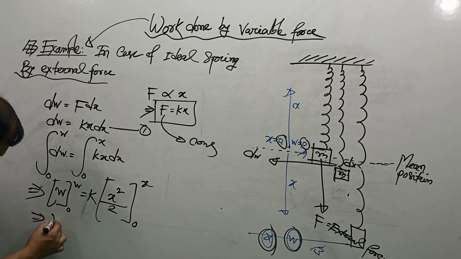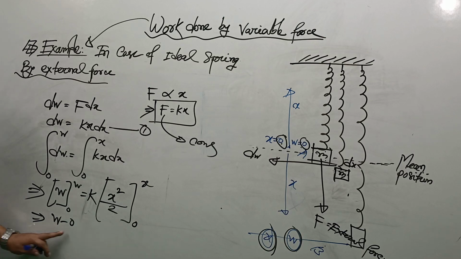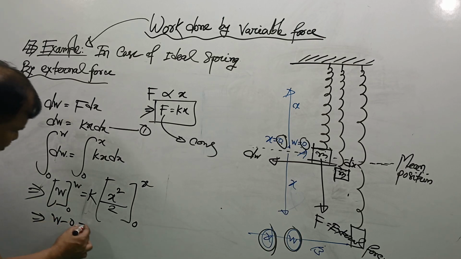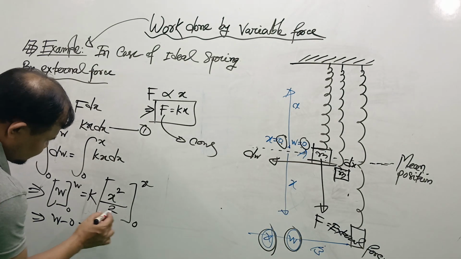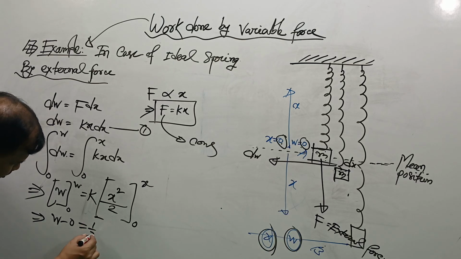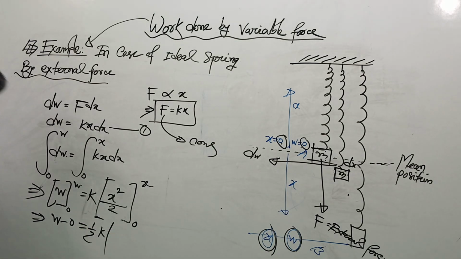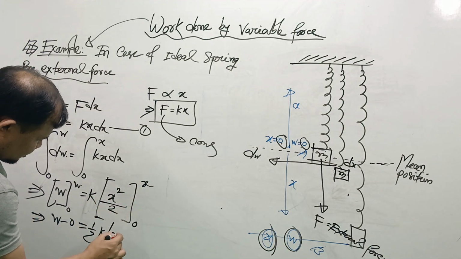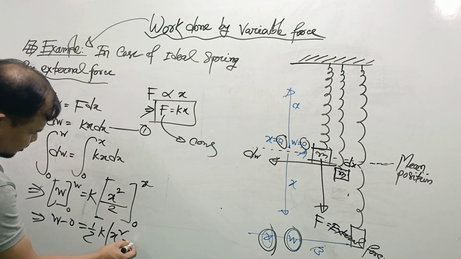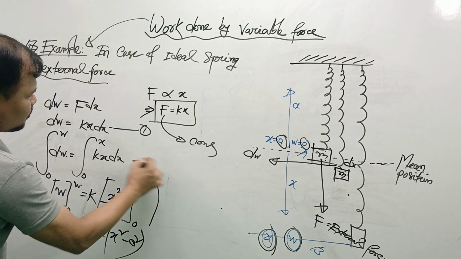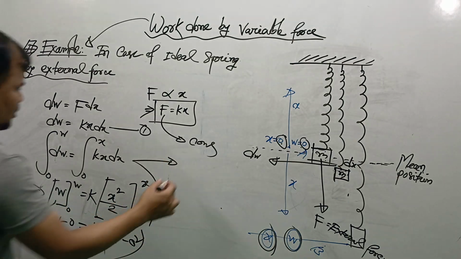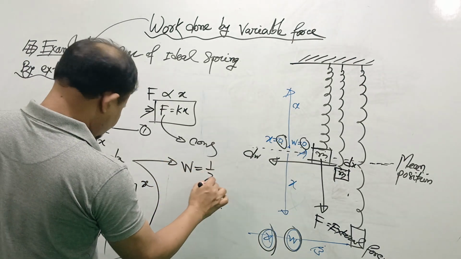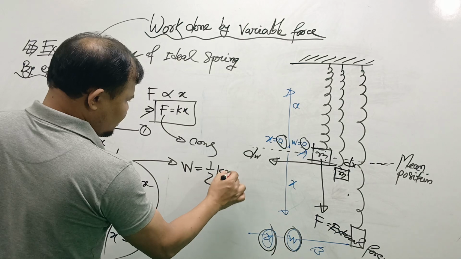So we put the upper limit minus the lower limit. The 2 is a constant that comes out. So we replace x by the upper limit, x squared minus 0 squared. So finally we get the equation W equals half k x squared.